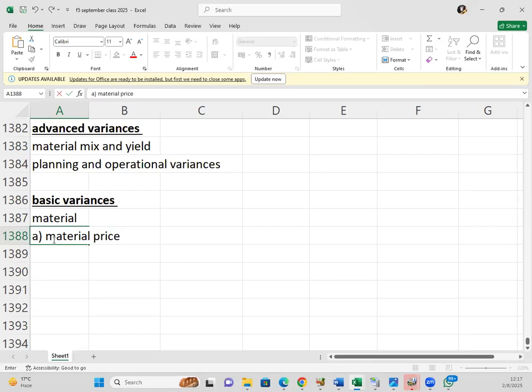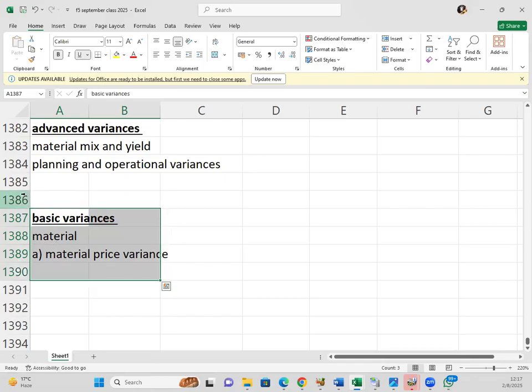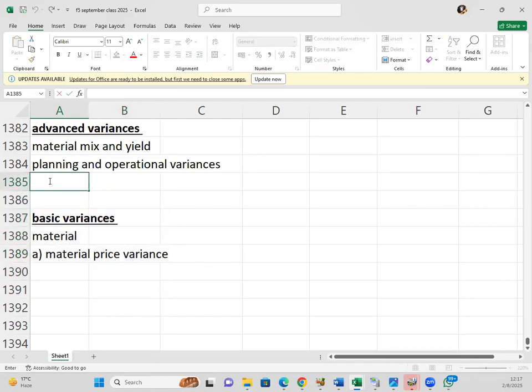Under the advanced variances, I left out the sales mix, so for the sales we have the sales mix and sales quantity variance.